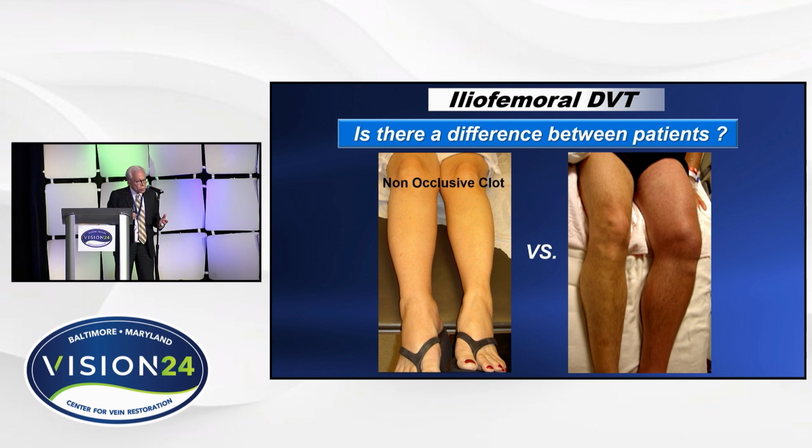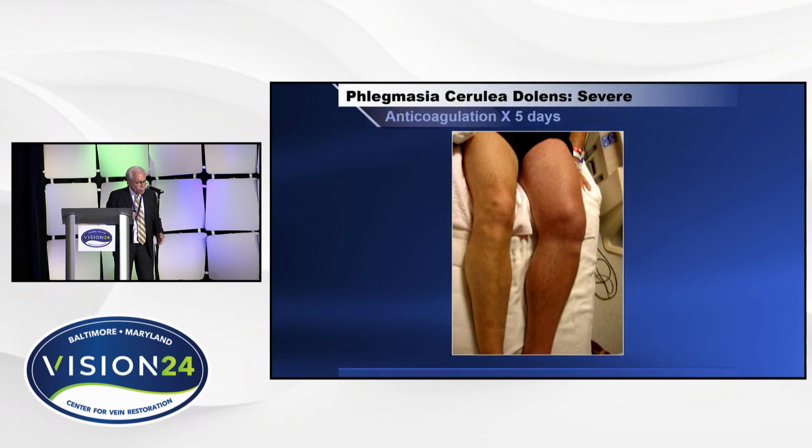The patient on your right has occlusive thrombus in his iliofemoral system, and you can see the phlegmasic limb, this terribly swollen, painful limb. Well, in good conscience, I couldn't randomize him. He needed to be treated because he would have a severe lifelong post-thrombotic morbidity if he was just treated with anticoagulation. So there's some bias, there's built-in bias.